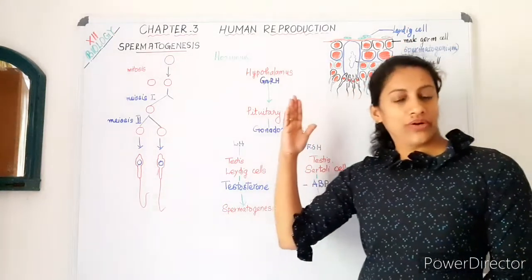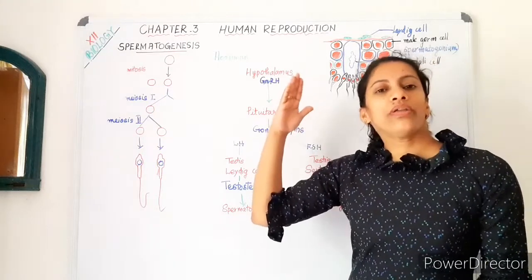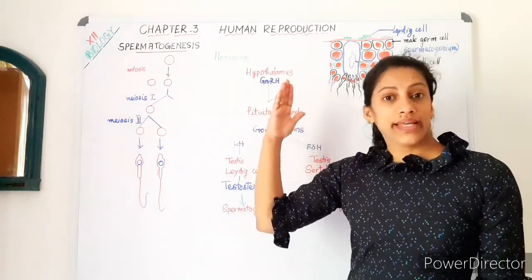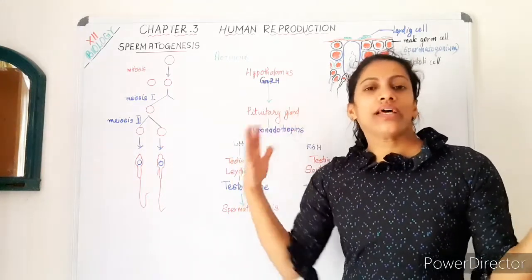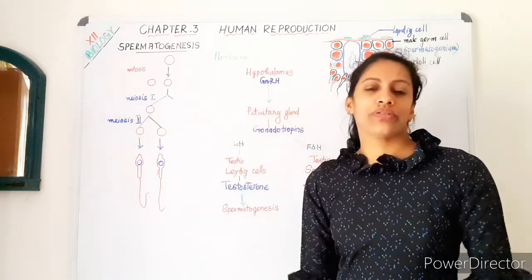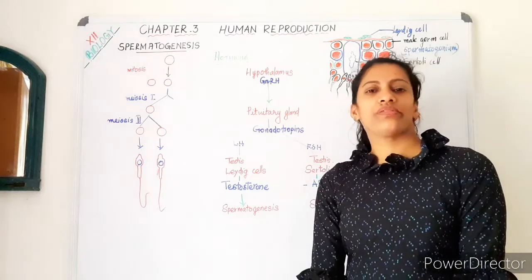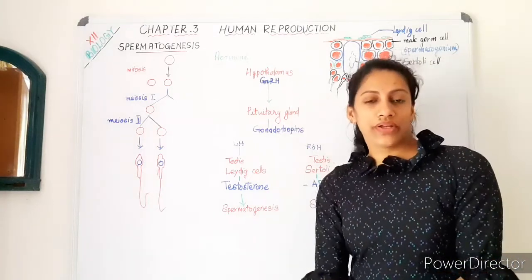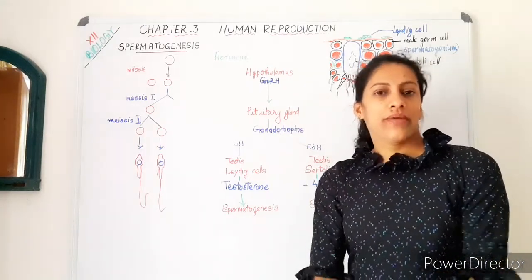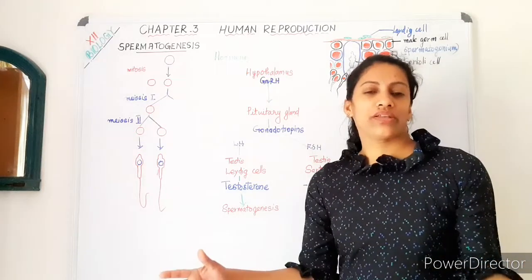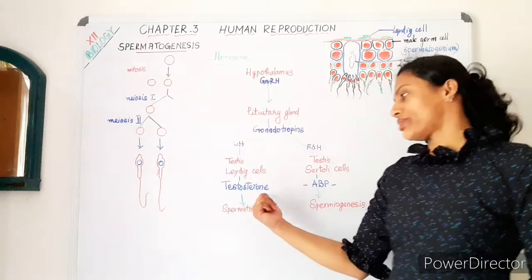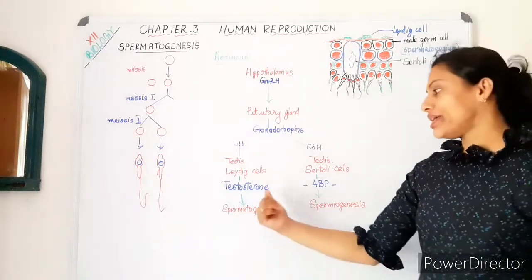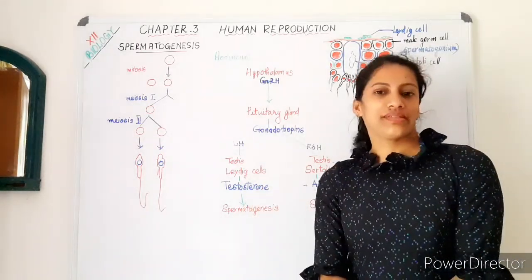As I told you already, Leydig cells produce testosterone, or androgens. These androgens regulate spermatogenesis. Not only that, the full masculine appearance, the development of sex organs, secondary sexual characters, primary sexual characters, all are controlled by testosterone. Here, in this particular session, we say it is controlling spermatogenesis.